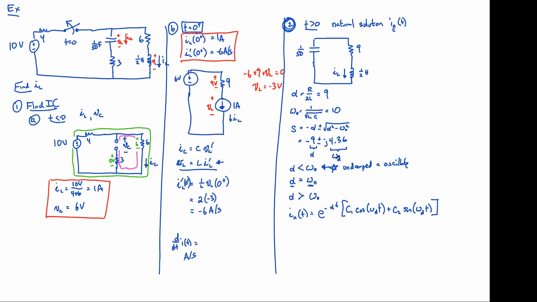Omega sub D up here is if the circuit does oscillate when it's all put together. In other words, if this case is true and it really does oscillate, what frequency does it oscillate at? And that's why it appears down here.